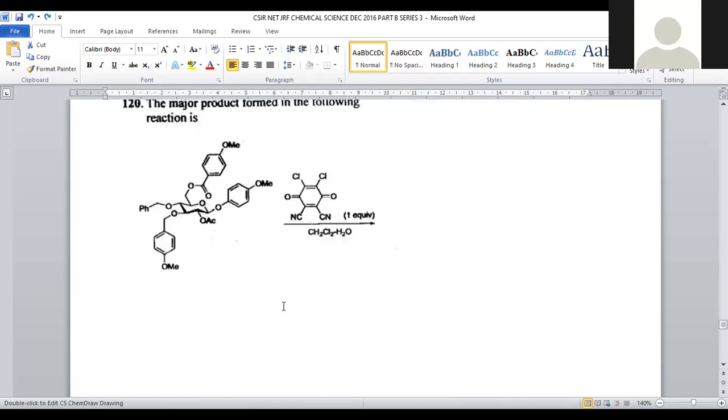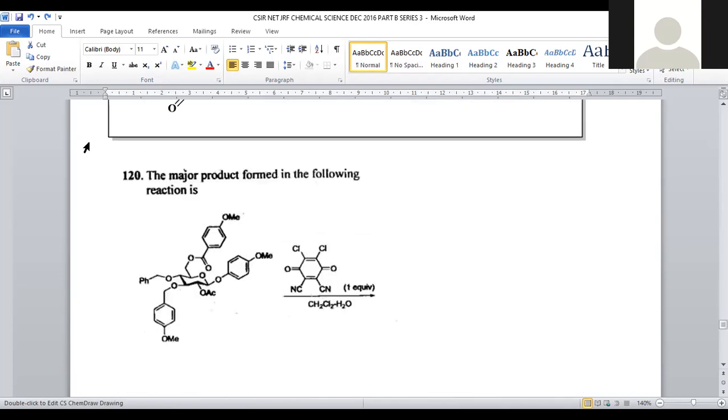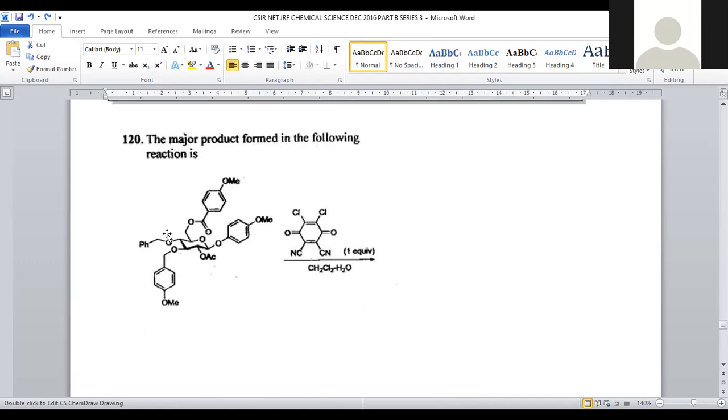Let us move on to question number 120. This is the last question of the series. The major product formed in the following reaction. We are taking a compound which is a carbohydrate, a glucose derivative. So a cyclic pyranose ring system is there, but in this, one of the OH groups is turned into OAc, acetylation.